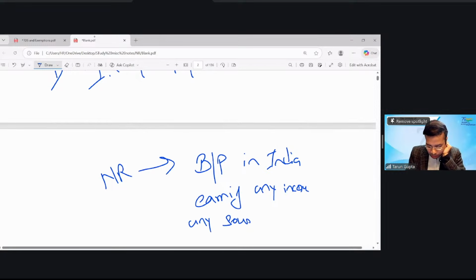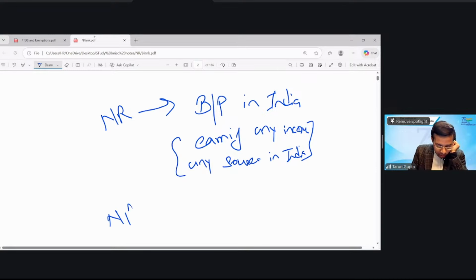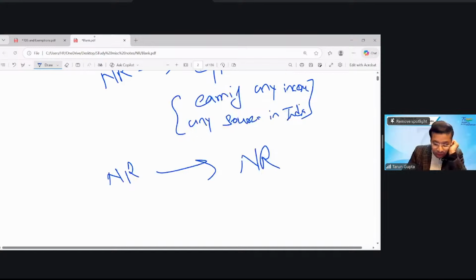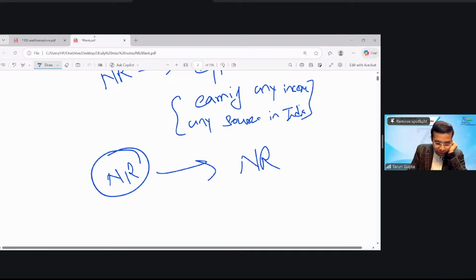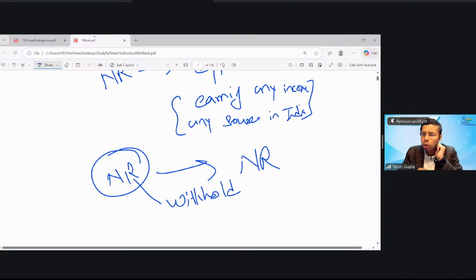You remember? This was the precise difference between interest versus FTS and royalty. Here also, the non-resident is paying interest to another non-resident. And if such interest is taxable in India because the payer non-resident has utilized the money borrowed in his business or profession in India, then this non-resident who is paying the interest is liable to withhold tax on payment to this other, the lender, who is also non-resident.